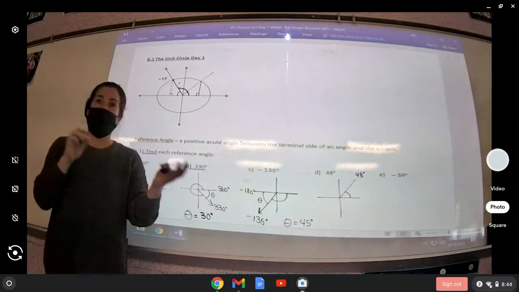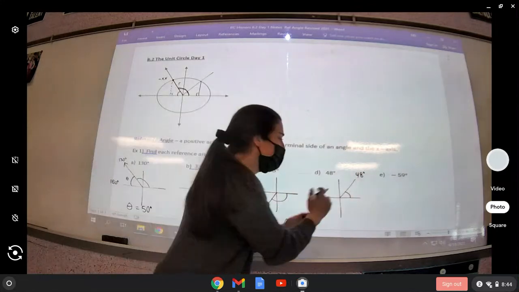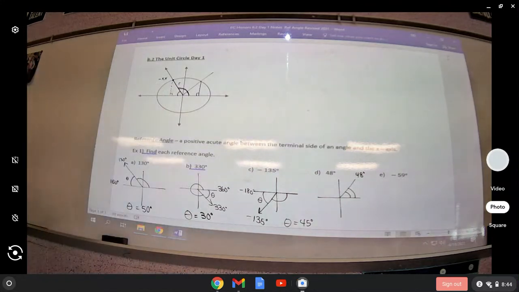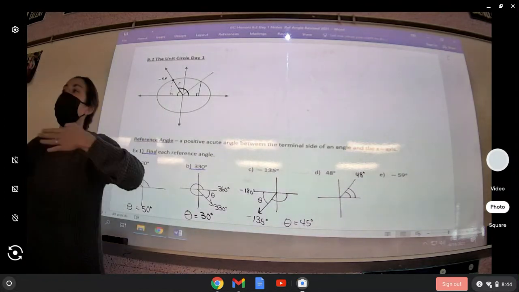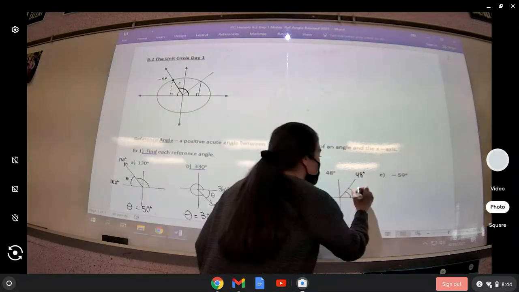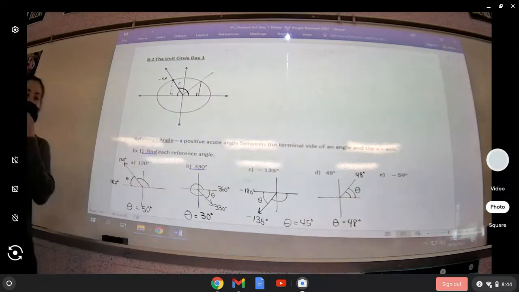So if the reference angle is the angle in between your angle ending and the x-axis, it's the exact same angle. So any positive angle between 0 and 90 is going to be its own reference angle because it already fits inside of a right triangle. So the reference angle is himself, 48 degrees.